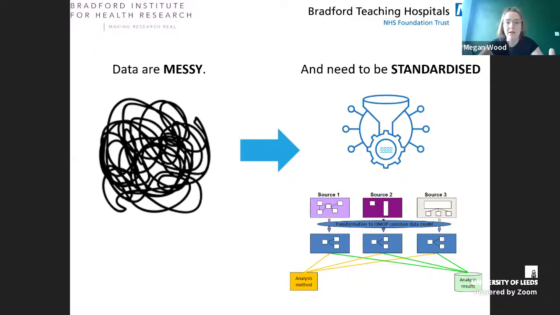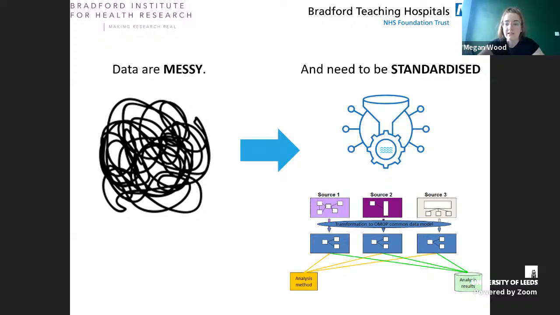However, as I'm sure many of you know, data are messy, especially when they're routinely collected. They're not actually collected for researchers or academics, and data providers don't necessarily understand the importance or the impact of good quality data or the power that they actually hold.